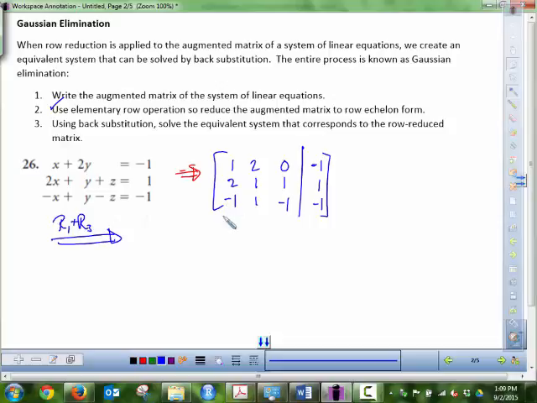If I add row 1 to row 3, I'm noticing the first elements in those row vectors, that's 1 minus 1, which is going to be 0. That's what I want. So row 1 plus row 3 is going to replace row 3. I didn't do anything with rows 1 and 2, so they will remain the same.